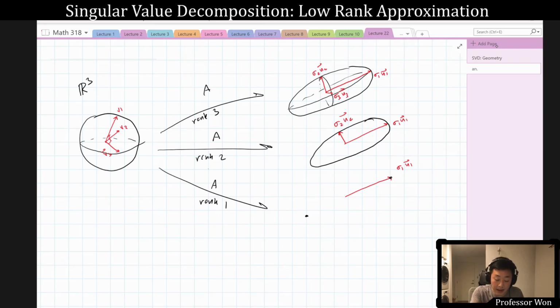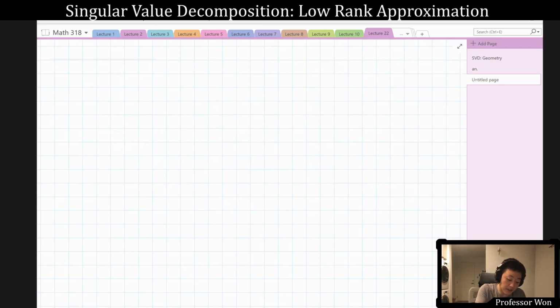Okay, but the application I want to get to today is low rank matrix approximation. In some sense you can think of it kind of like trying to approximate a function with a polynomial. Let me give you the analogy.